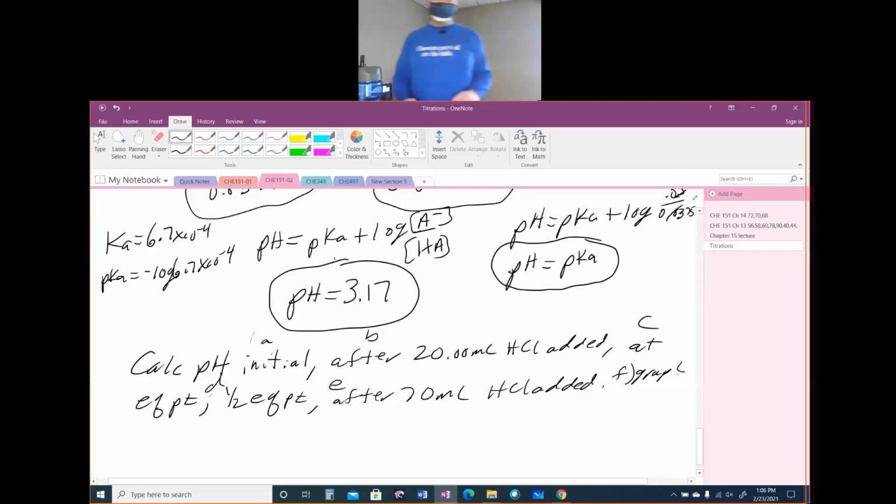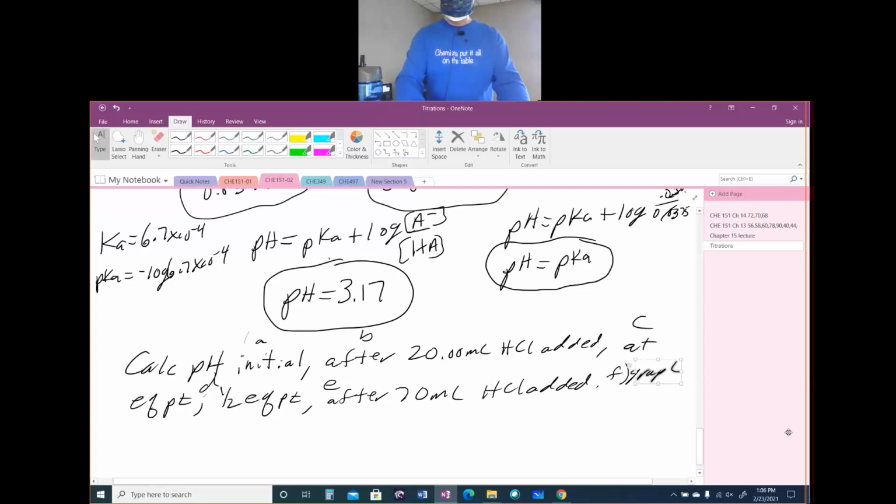All right, so we're going to get all of our pHs, all of our volumes, and then we're going to graph this titration curve. So I didn't give the actual thing.